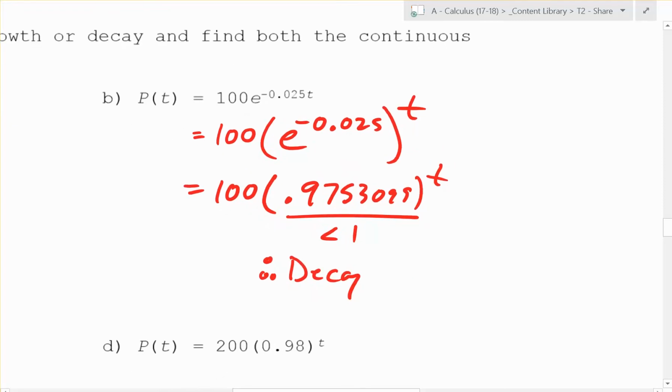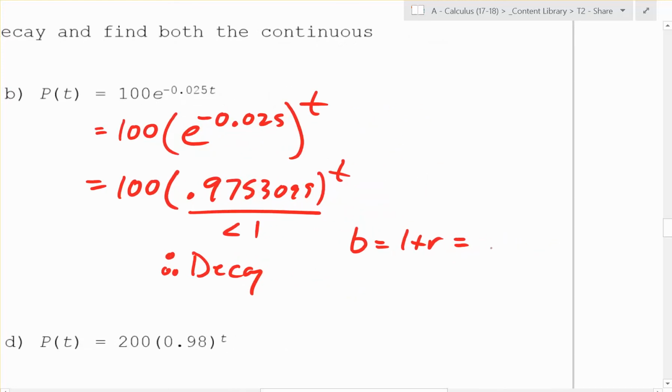And what's the decay rate? Well, remember, our b value was 1 plus r, and in this case, our b value is 0.9753099. So r in this case is 0.9753 minus 1.